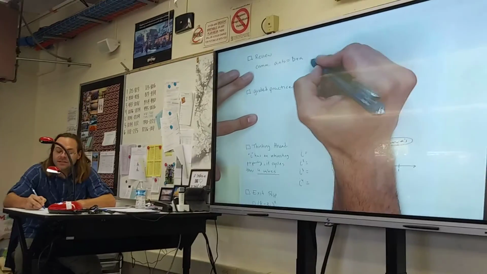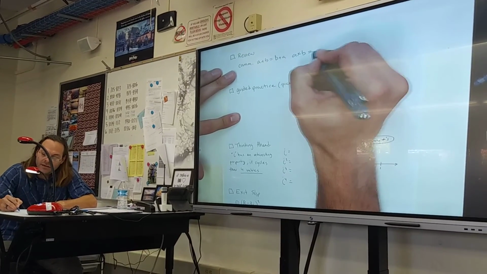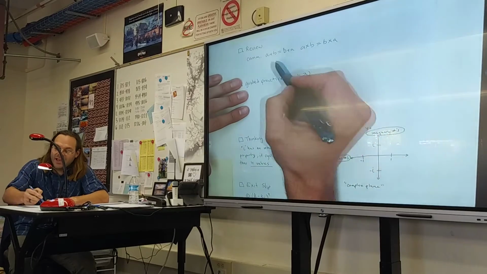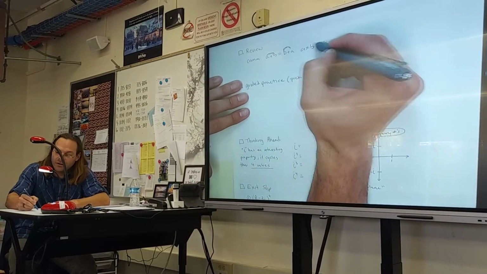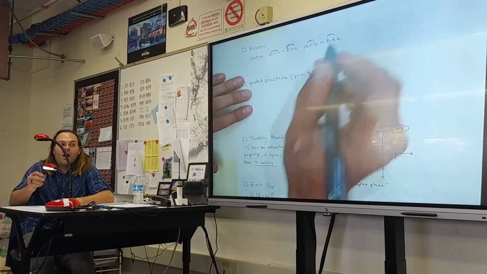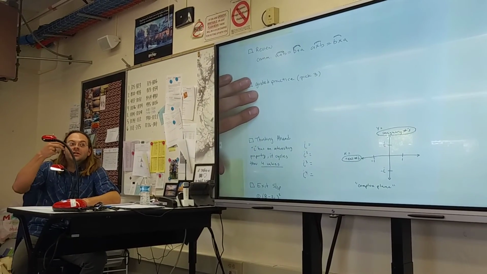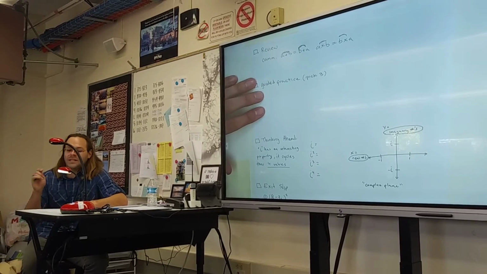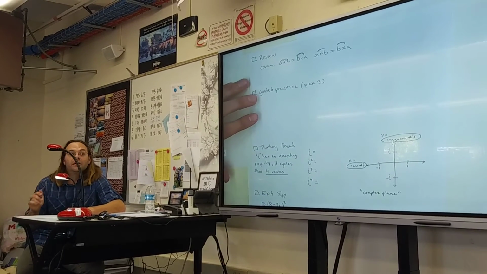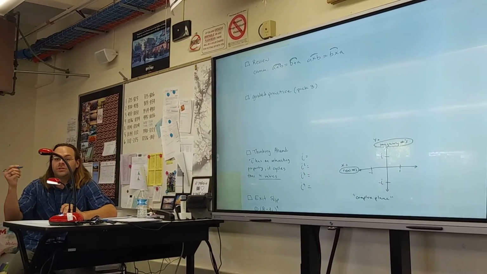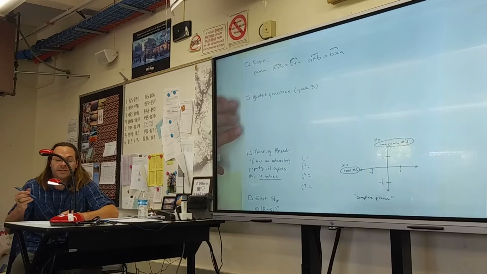Same thing happens with a times b and b times a, right? We can switch those out. They can communicate between each other. You can switch these two positions, okay? On that chart, I have such and such property, addition or multiplication. What I really didn't include is the actual verbiage of all that. This is the commutative property of one of those two, so we should have put it out in the full sentence there.